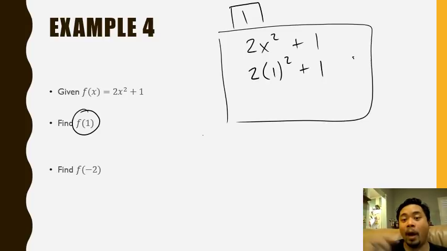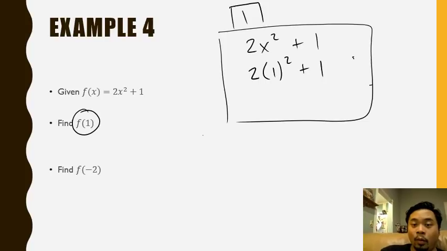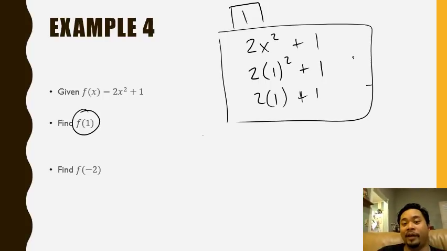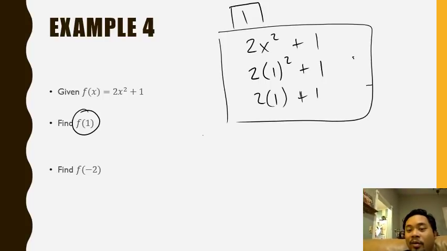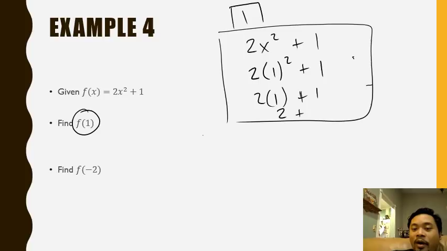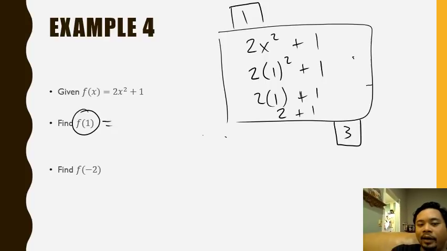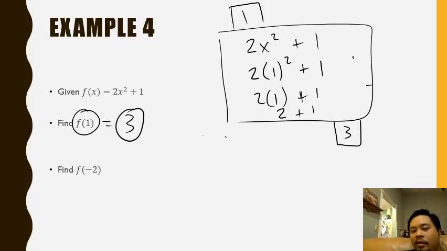So I get 1 squared, which is 1. It's not 2, it's just 1. And I bring everything down here that I haven't yet simplified. So now I have 2 times 1, which is 2, plus 1, which gives me 3. So my output here for this particular input is 3. So f of 1 gives me 3.